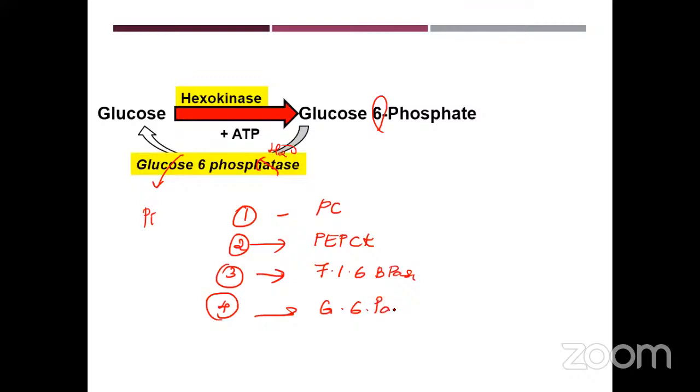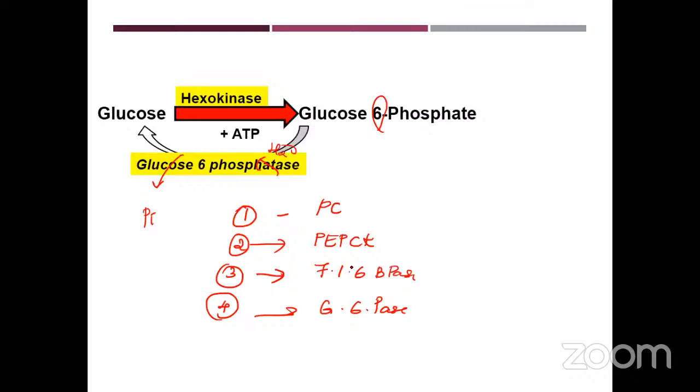Read this today itself and make it thorough, otherwise you will forget it. So you have to be thorough about glycolysis, the enzymes, and the key enzymes.